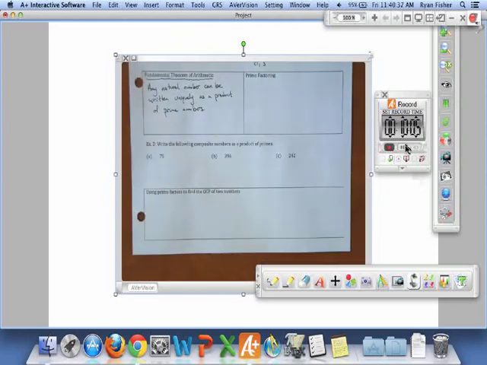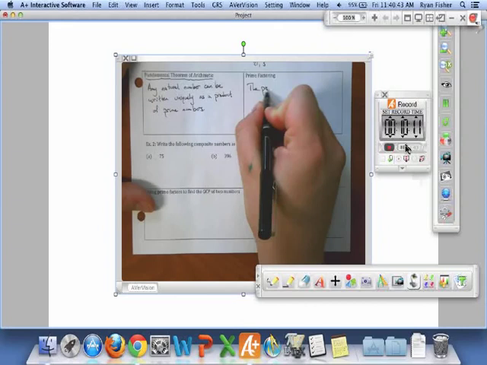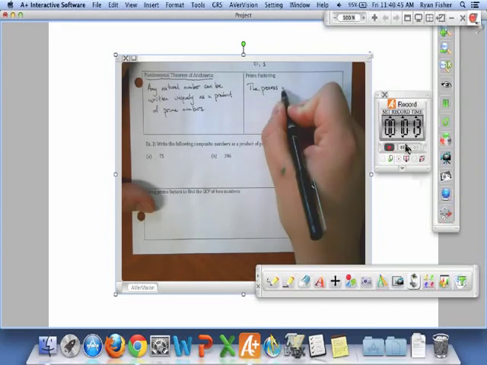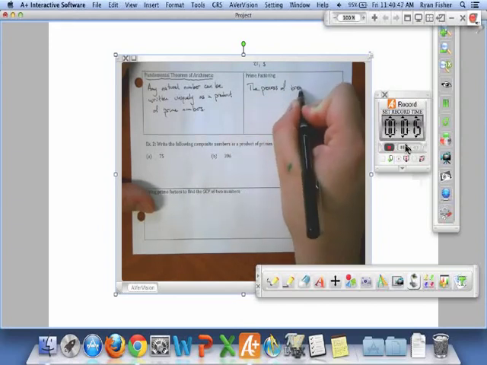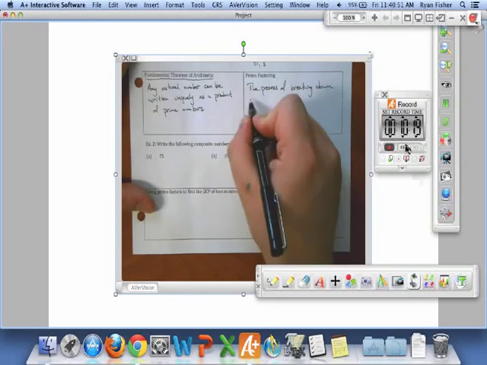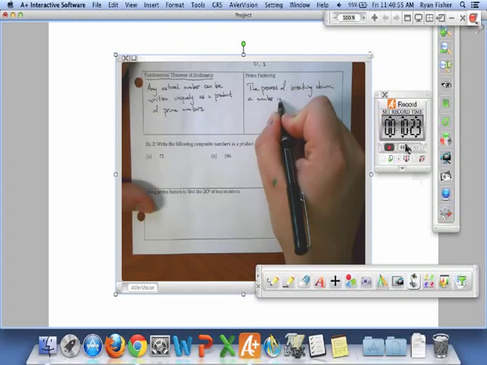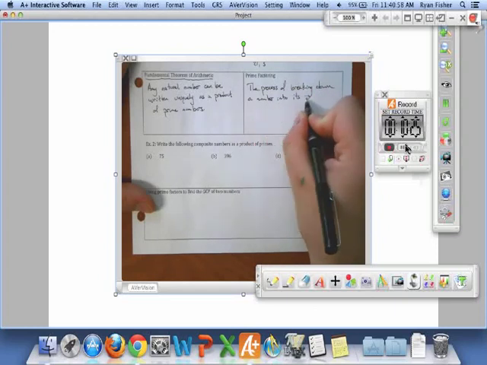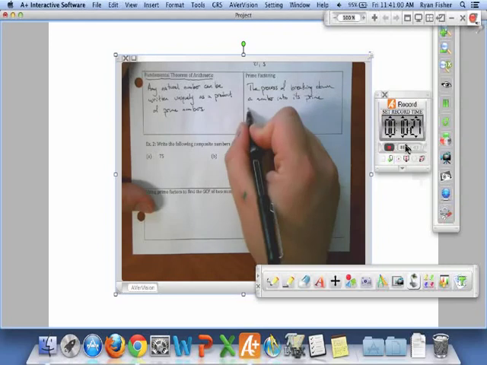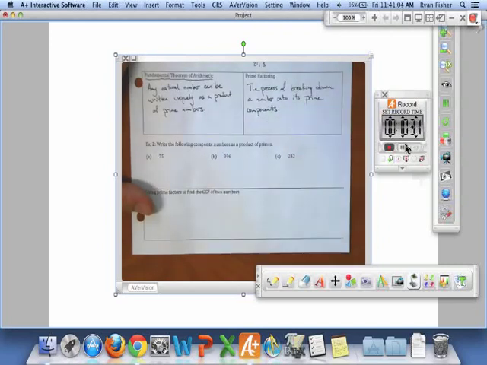So by doing this, we can do something called prime factoring. And when we prime factor, that's going to be the process of breaking down a number into its prime components.